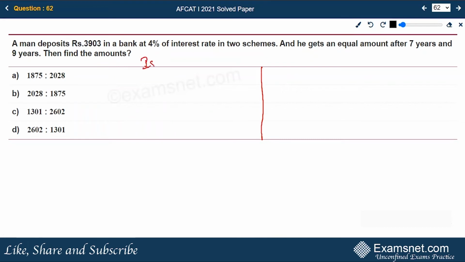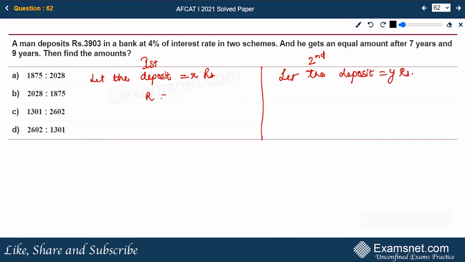This is the first scheme, and this one is the second scheme. For the first scheme, let the deposit be X rupees. And for the second scheme, let the deposit be Y rupees.